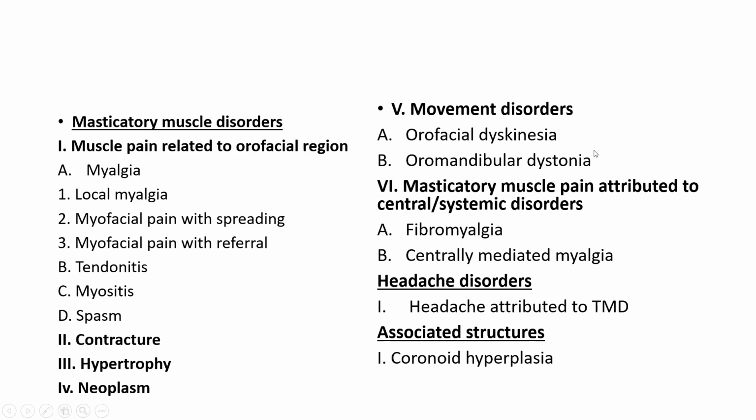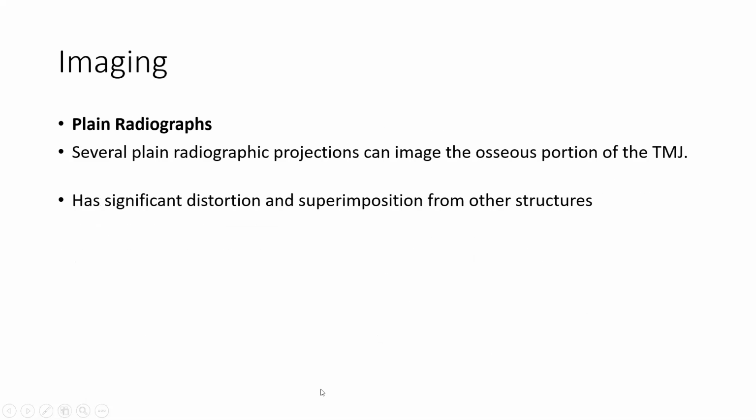And the movement disorders can be orofacial dyskinesia, mandibular dystonia, and it can also include masticatory muscle pain attributed to central and systemic disorders, which could include fibromyalgia and centrally mediated myalgia. And another type of TMJ diagnosis is the headache disorders, and this headache could be attributed to the temporomandibular disorder, and also the associated structure, which includes the coronoid hyperplasia.